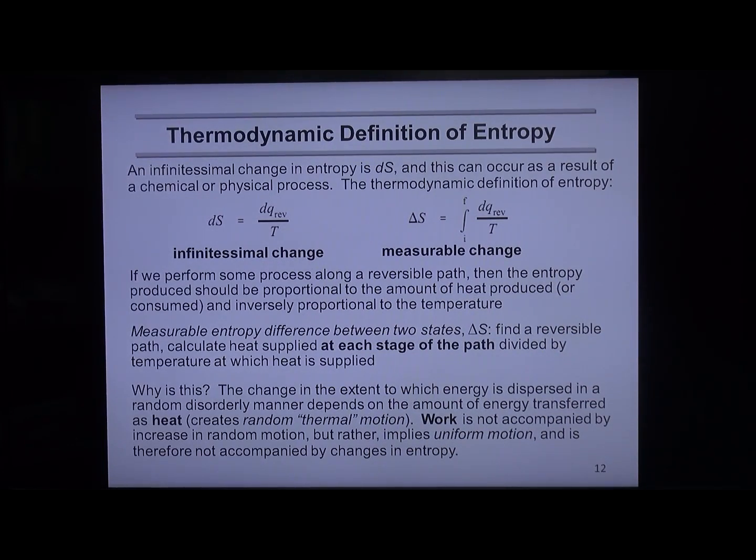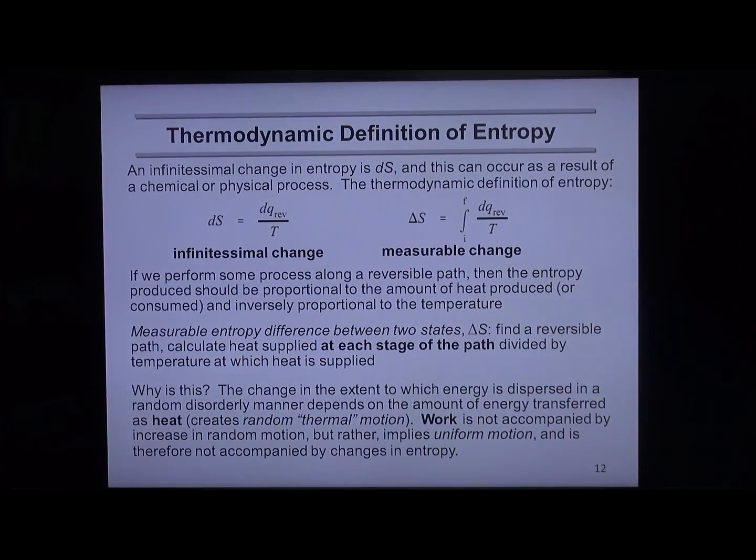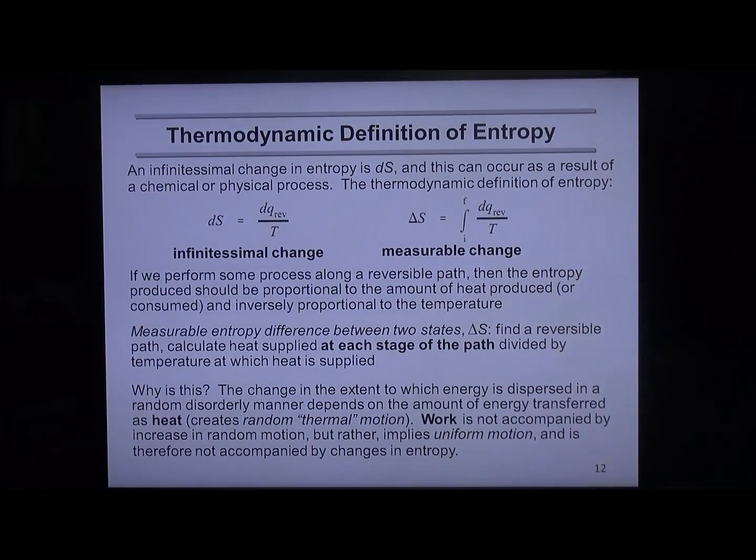If you want to calculate the entropy change between two different states, you first need to find the reversible path, because the definition is for reversible processes, and you calculate the amount of heat, divide it by temperature, and integrate it. That's all.